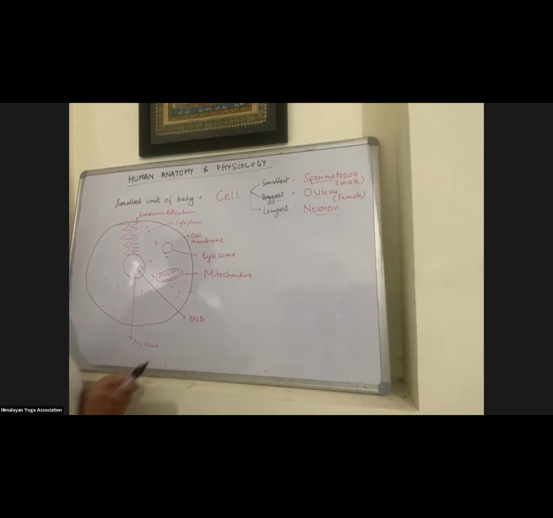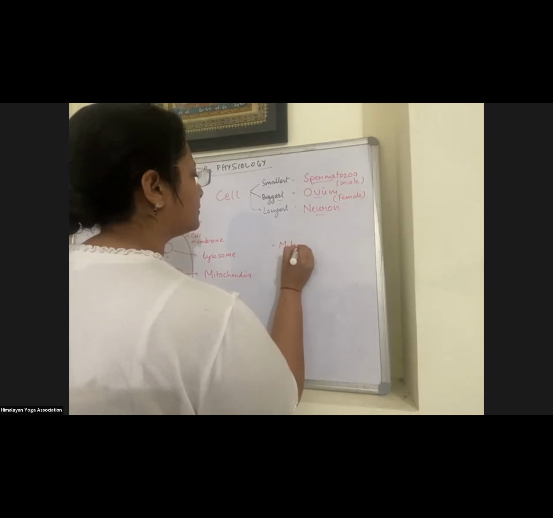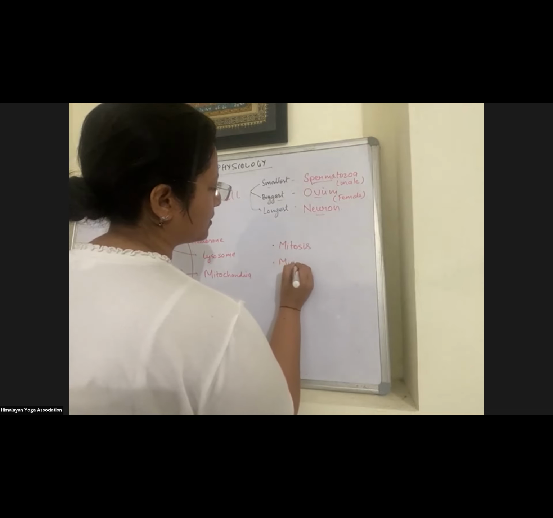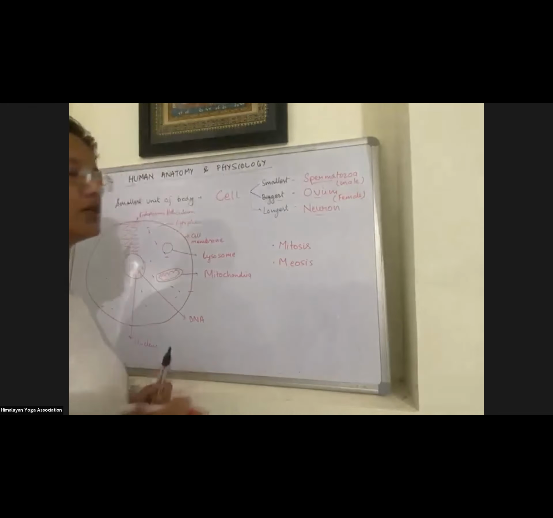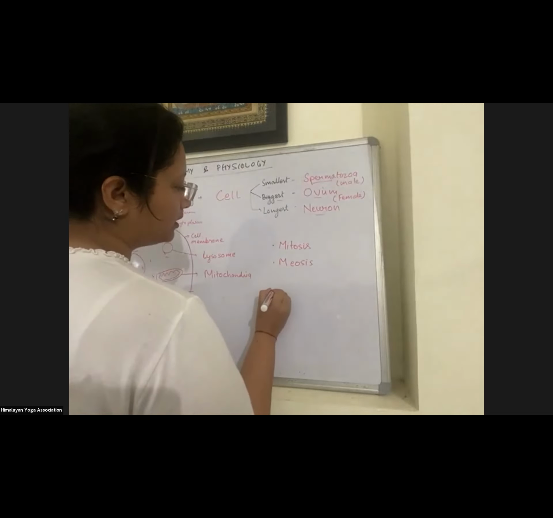Okay, so how are new cells formed? They are formed by mitosis or meiosis. There are two processes. So what happens?